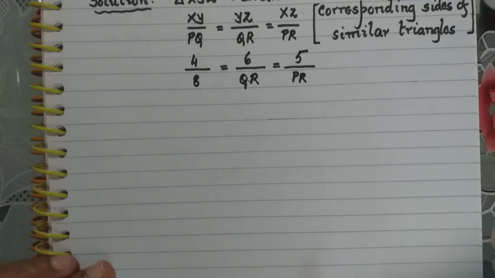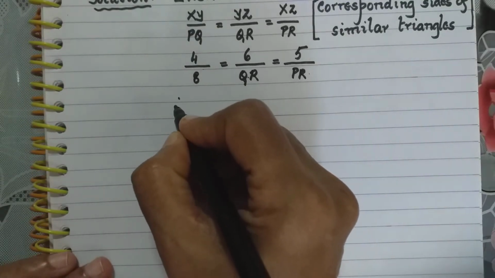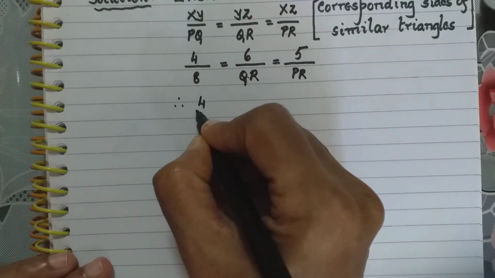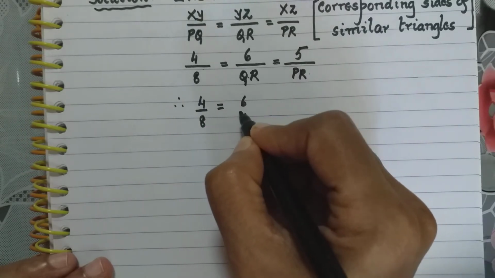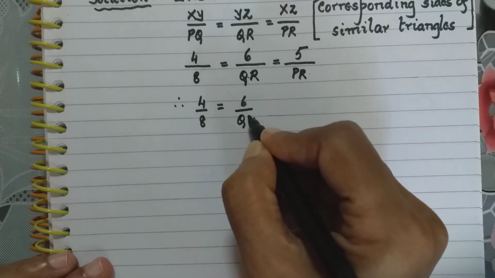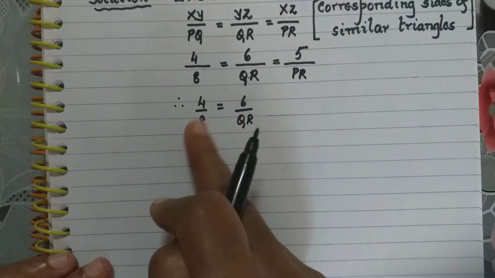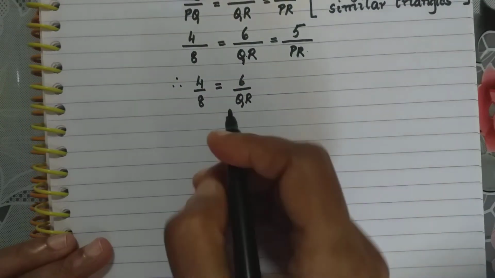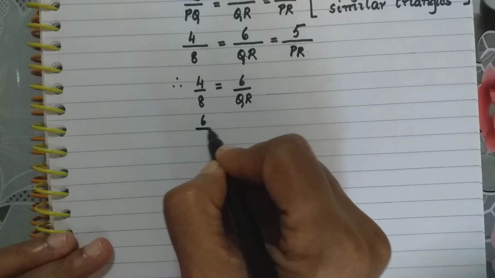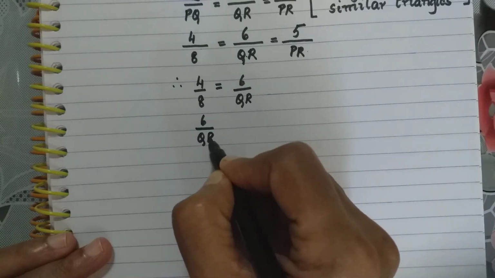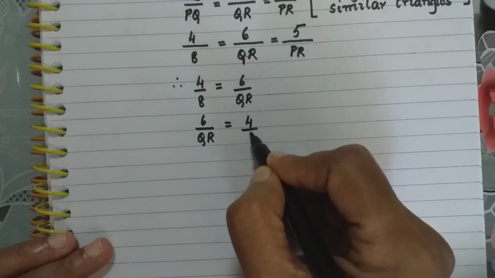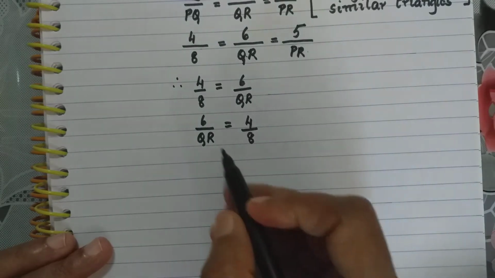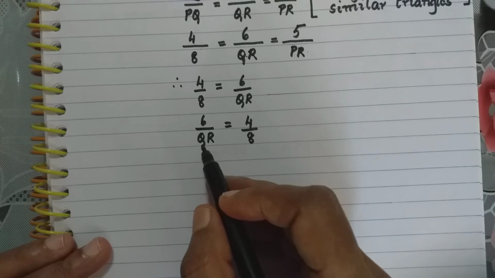Therefore 4 upon 8 is equal to 6 upon QR. I can write it the opposite way now, that is 6 upon QR is equal to 4 upon 8.